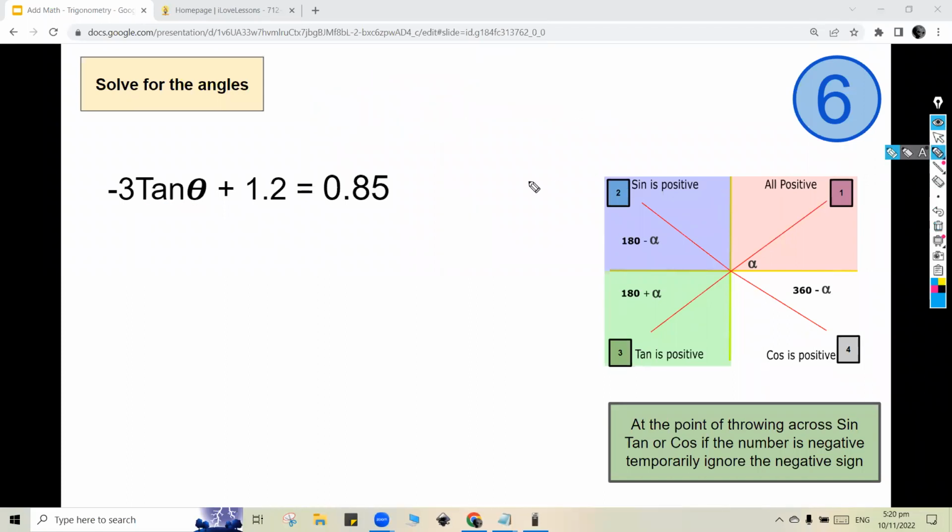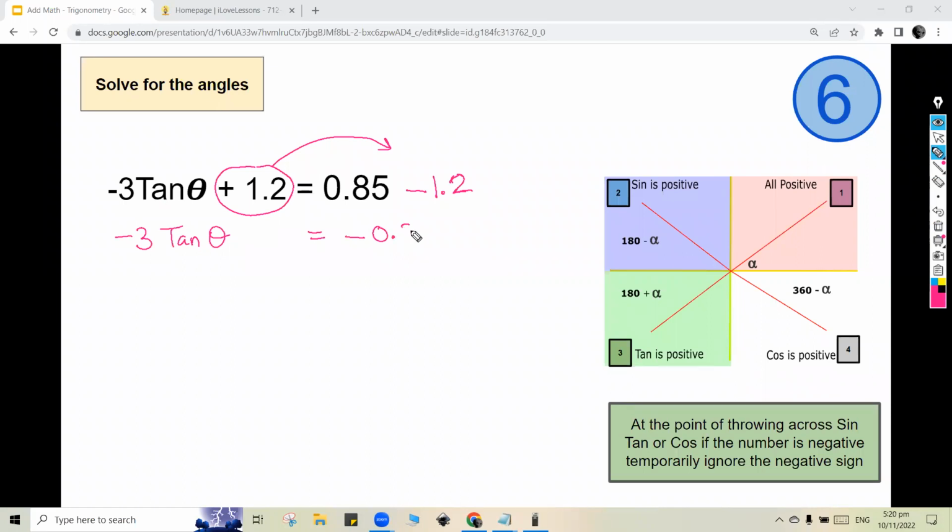So the first person we're going to throw across is who? The positive 1.2. So we get -1.2. So I guess I can minus this. Let's see what we have. -3 tan theta equals 0.85 minus 1.2. And we're going to get what?